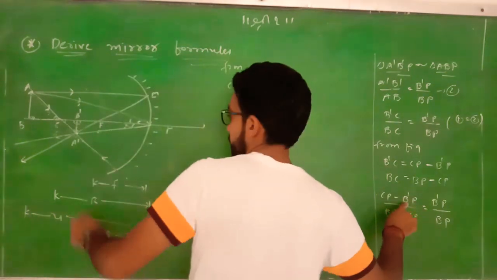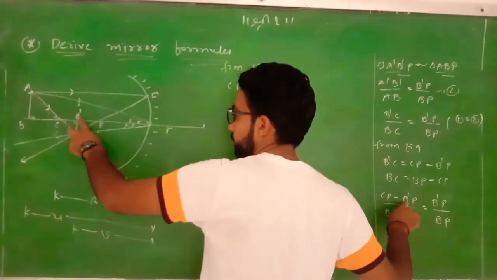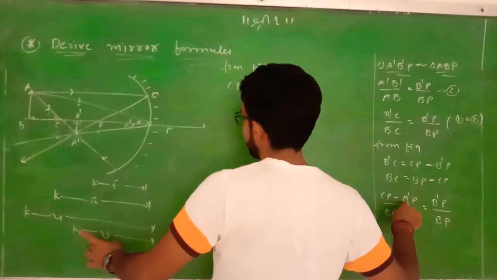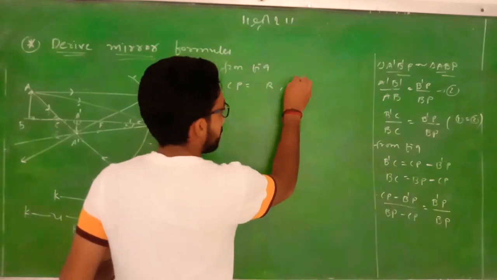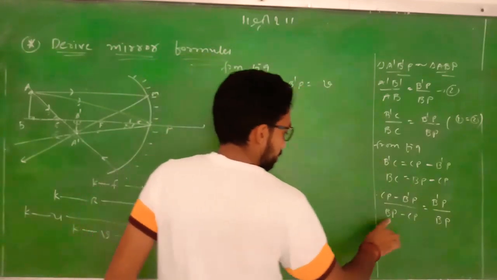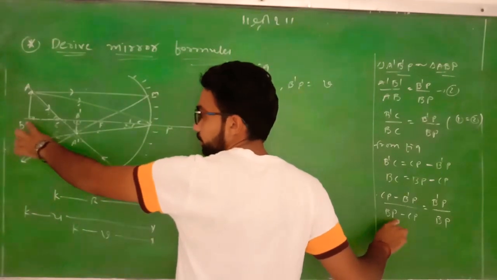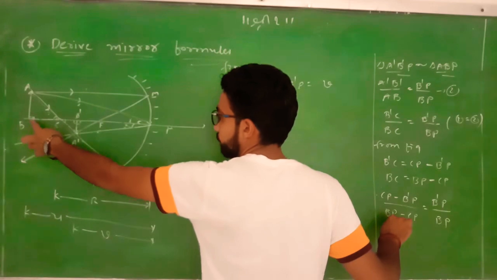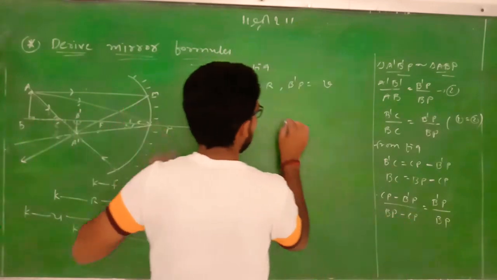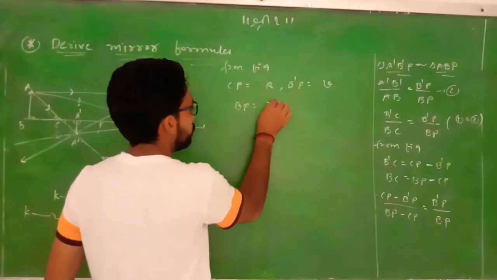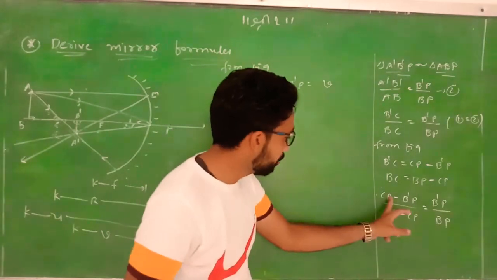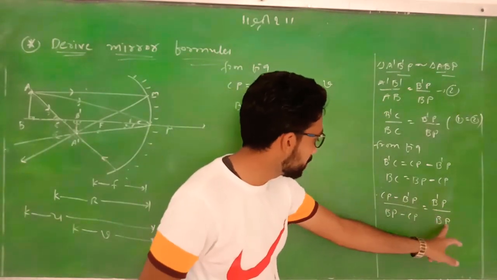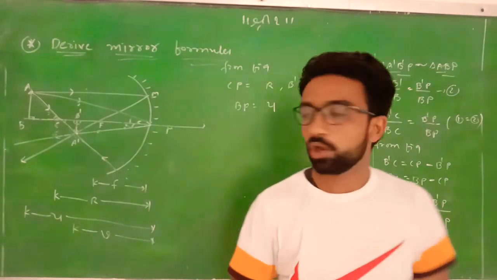B dash P, that is image position, the position of the image from the pole, that is the image distance V. So B dash P, that is V. And BP, that means object position from the pole, that is the object distance U. You can see from this to this, that is BP is equal to CP. We have B dash P and BP. This all distance we have measured.